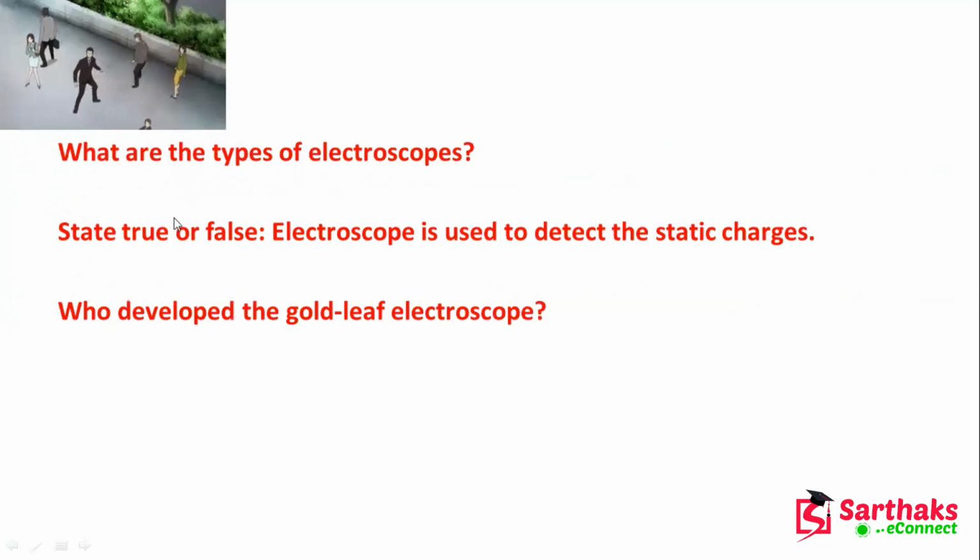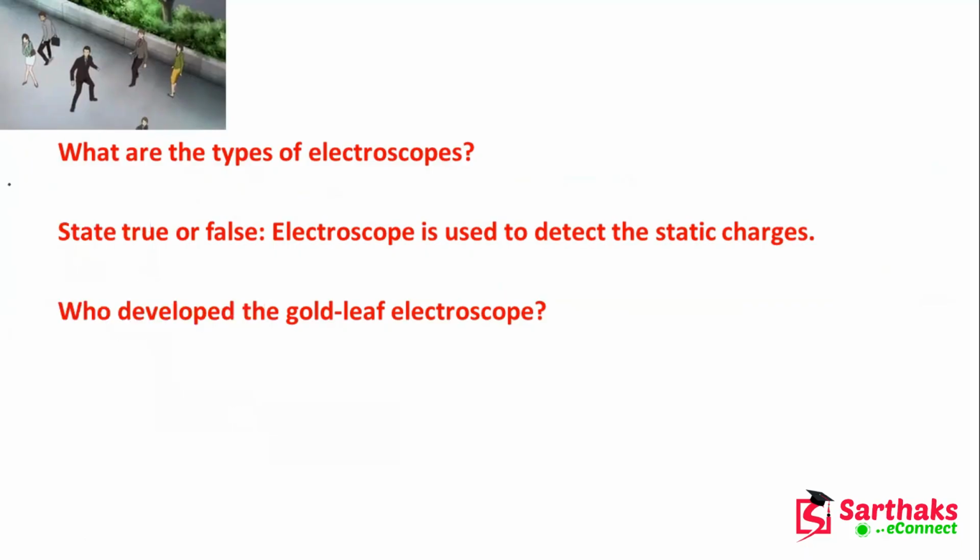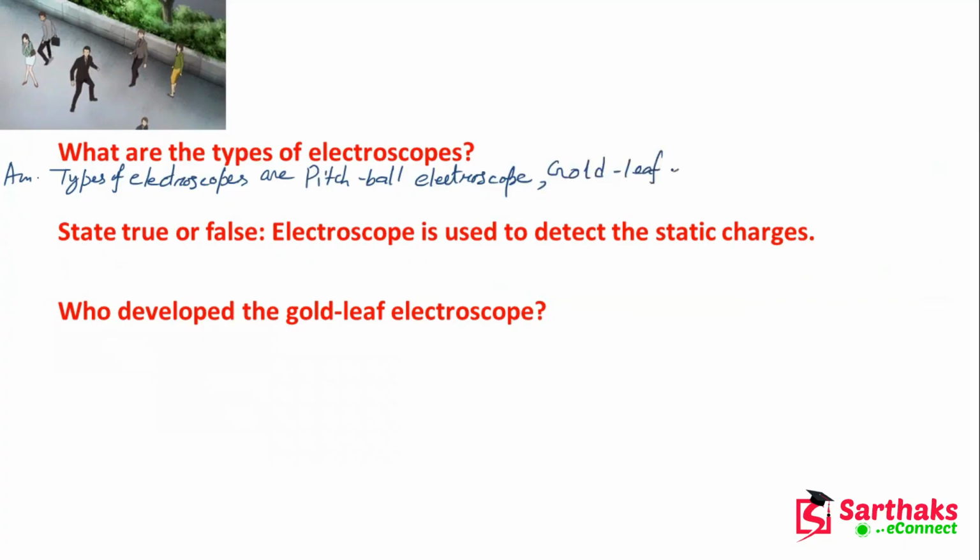Next, what are the types of electroscope? Types of electroscope are pitch ball electroscope and gold leaf electroscope.